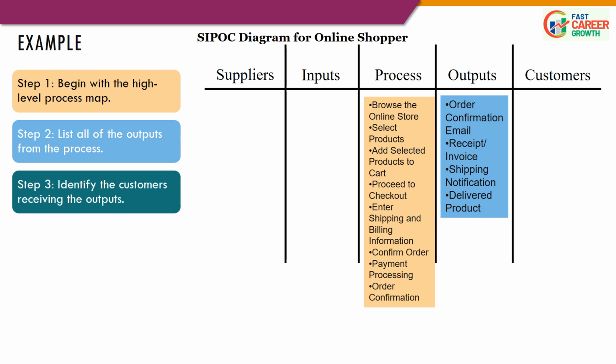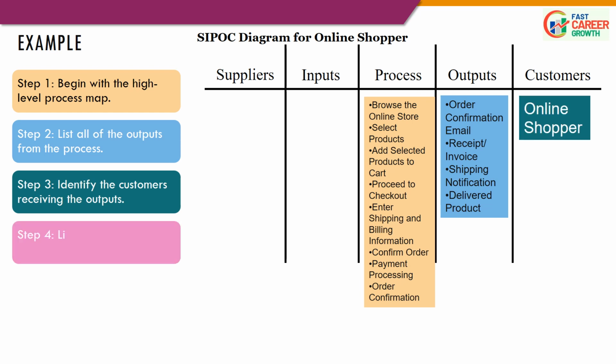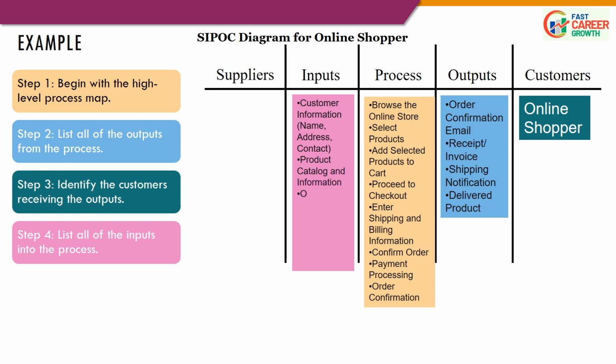Customers are the individuals or entities receiving the final product. Online shopper. Step 4. List all of the inputs into the process. Inputs are the raw materials used in the process, such as customer information, name, address, contact, product catalog and information, order details, product, quantity, etc. Payment information.